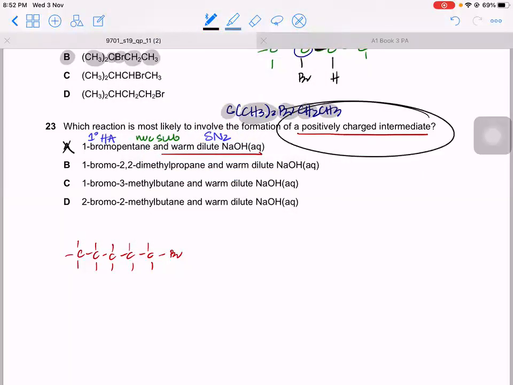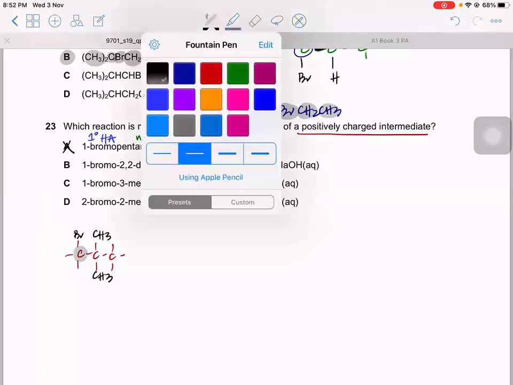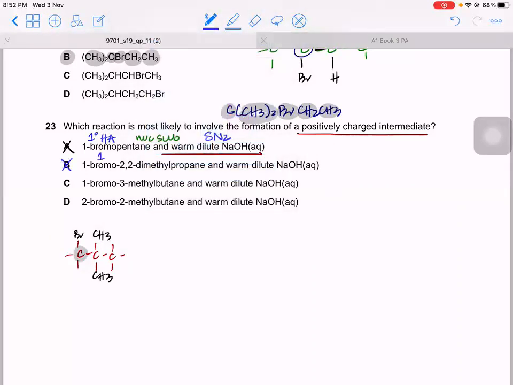This does not form any positively charged intermediate, therefore it can't be the answer.